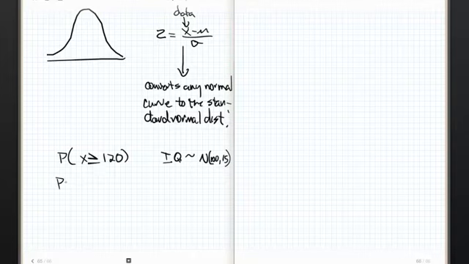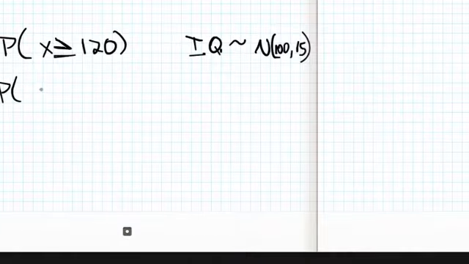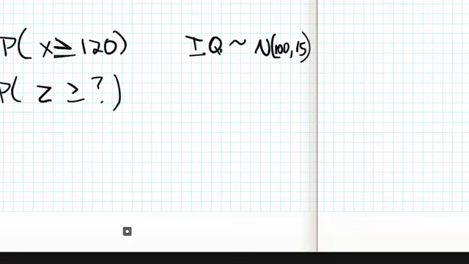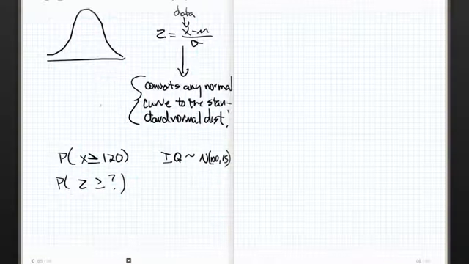Because of this Rosetta Stone thing, this is exactly the same as saying, what is the probability that a Z-score is greater than or equal to some number? And this formula right here tells me what that number is going to be. So watch how this works.